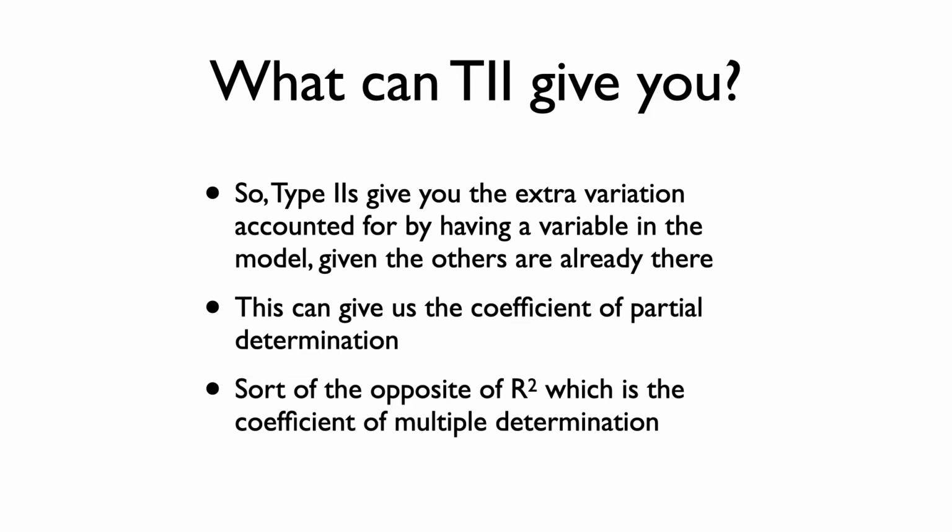You can see the extra variance accounted for, assuming something else is there. It's maybe like statistical control. It's kind of cool. So big R squared is the coefficient of multiple determination. Little r squared is the coefficient of partial determination.